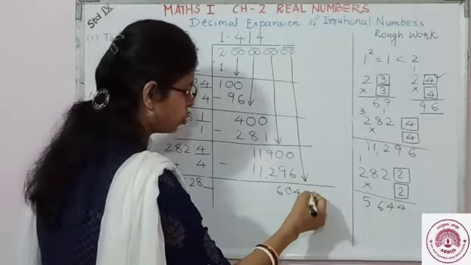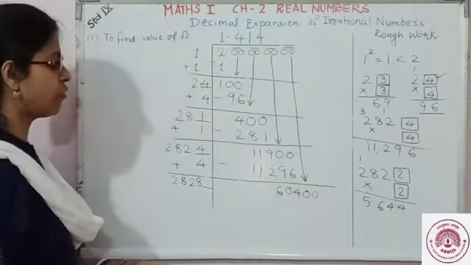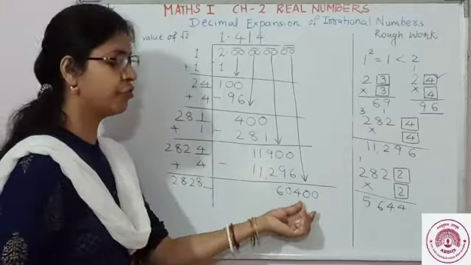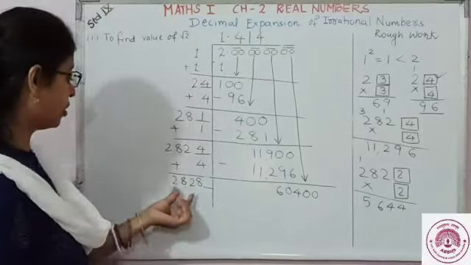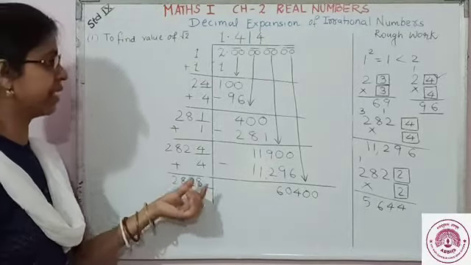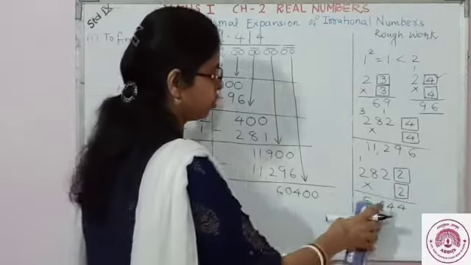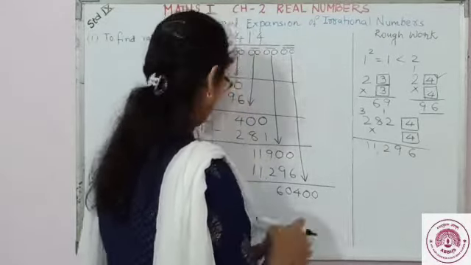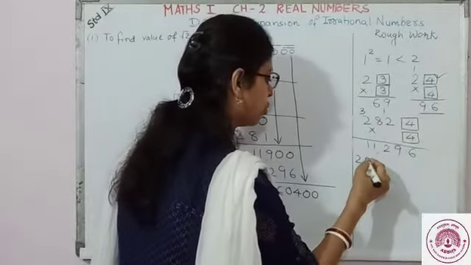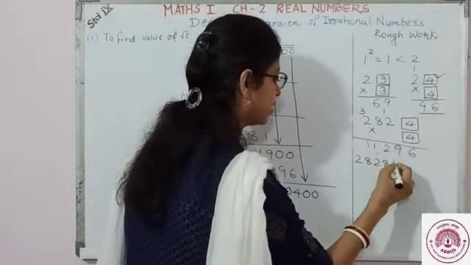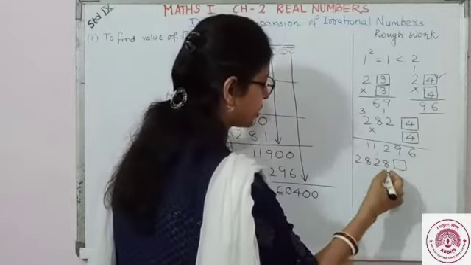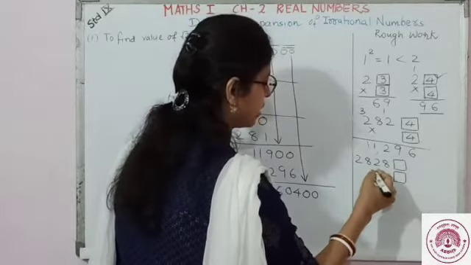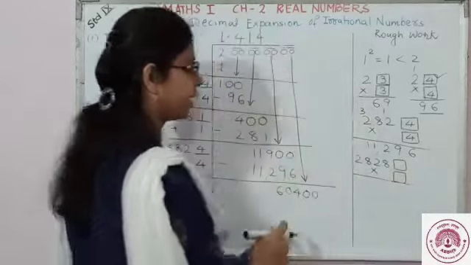Now the next pair of zeros. So 200. Now we have 60,400. And here 2,828. So let's check which digit we can take. So the number here is 2828. Then there is a box, down again a box. Let's see which digit we can take.